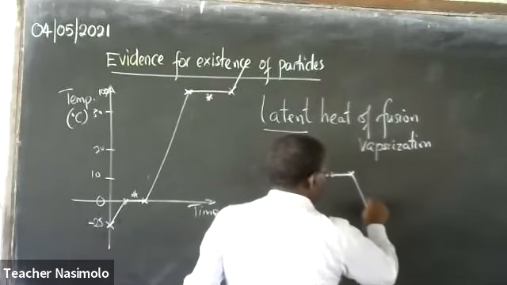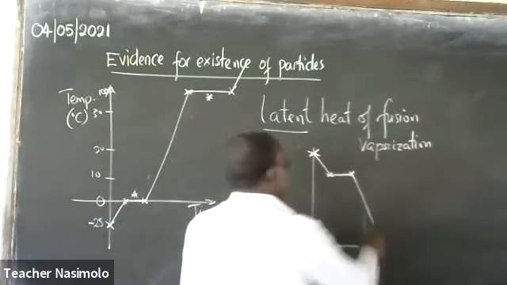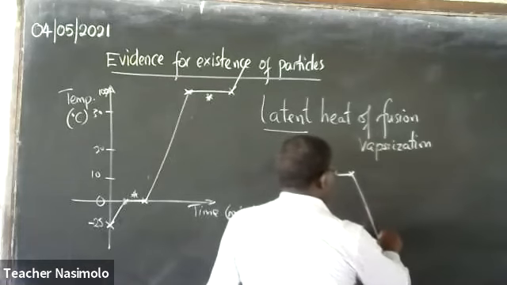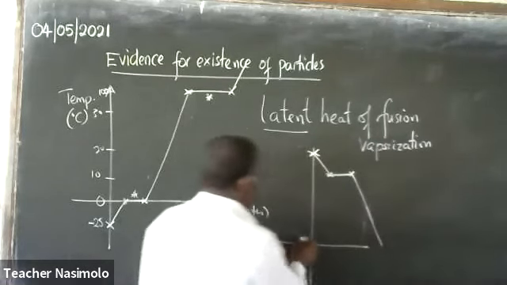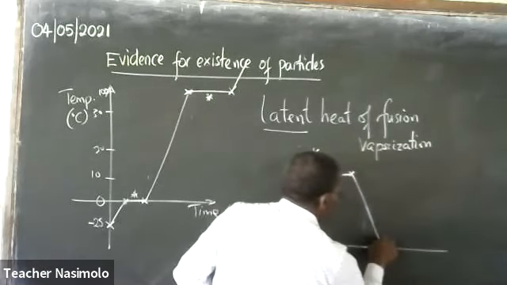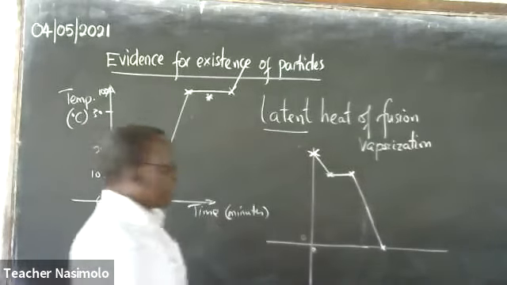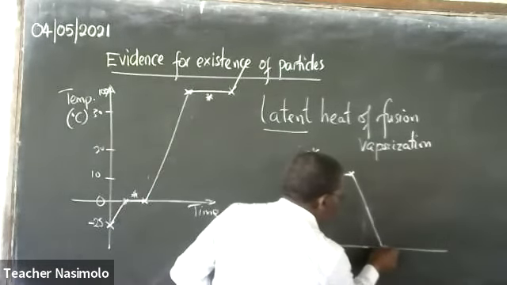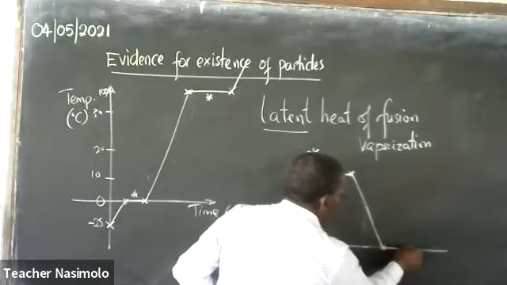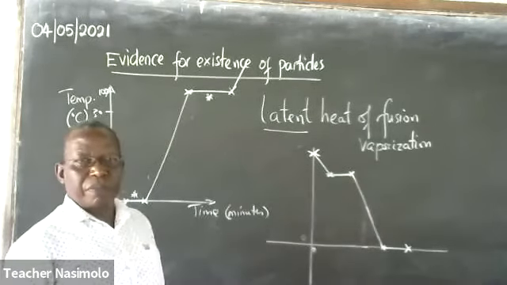As you cool it, it drops. And then it will reach somewhere possibly at 0 degrees centigrade, and then you will see the temperature again becoming constant. So it will again become constant for some time until all the water has turned into ice.